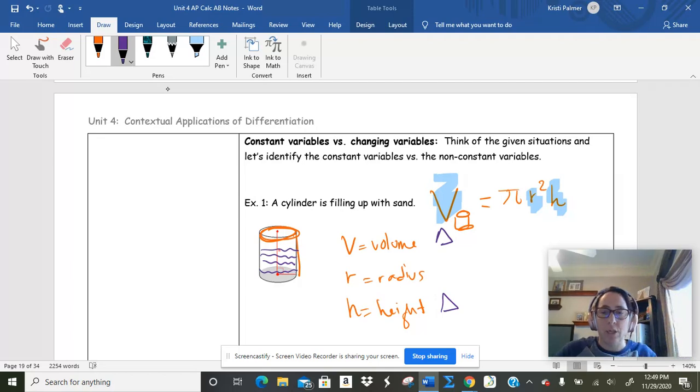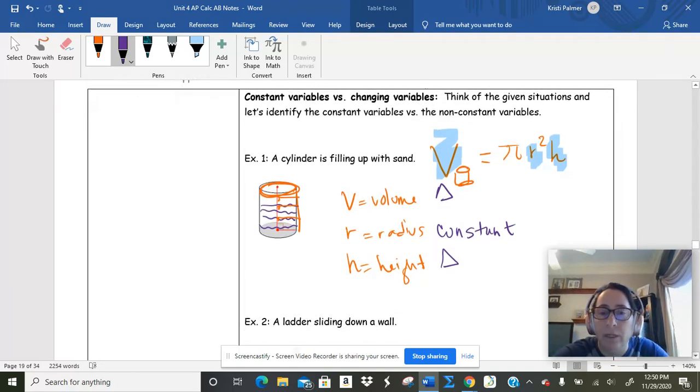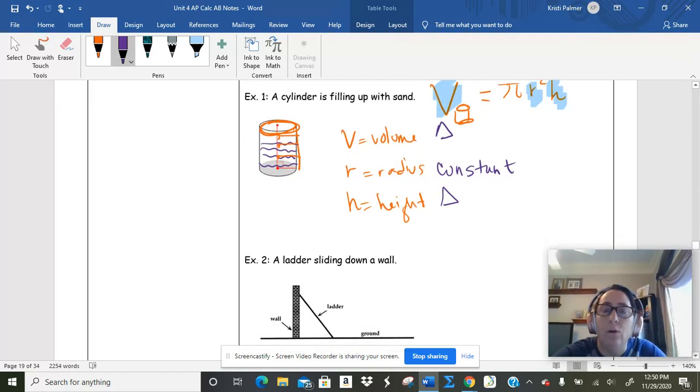This one is changing. The radius, though, look, here's a radius, here's a radius. The radius is staying the same. It is a constant. So those are going to be important things that we need to know when we move forward. What are my variables? Are they constant or are they changing?